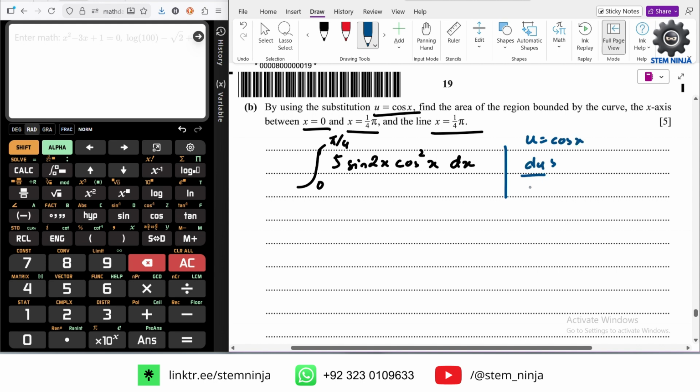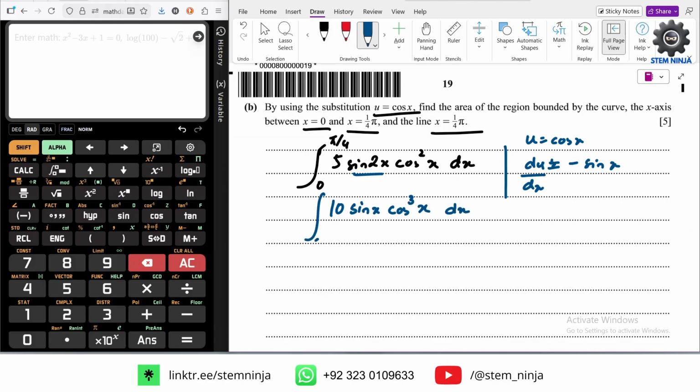So du over dx is minus sine of x, right? Sine 2x can be broken into 2 sine x cos x, so this becomes 10 sine x cos cubed x dx, 0 to pi by 4.